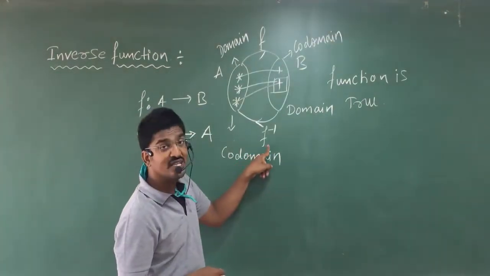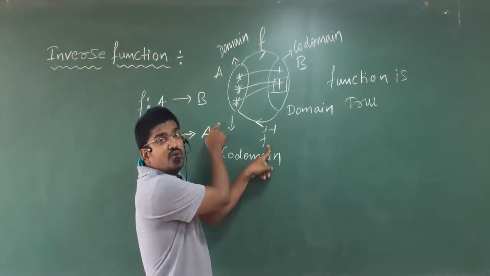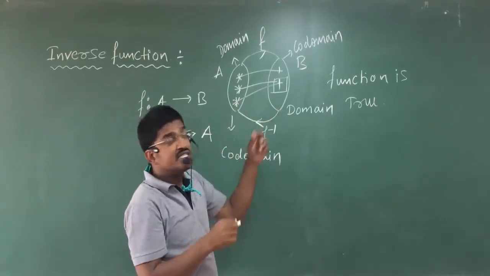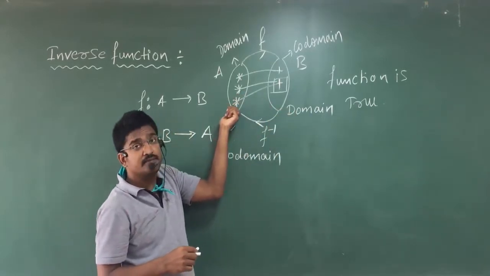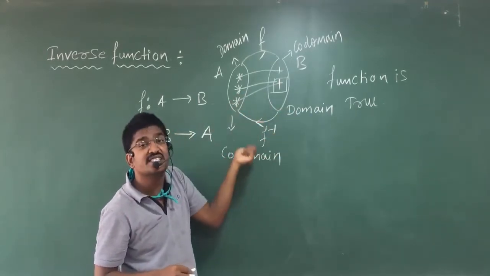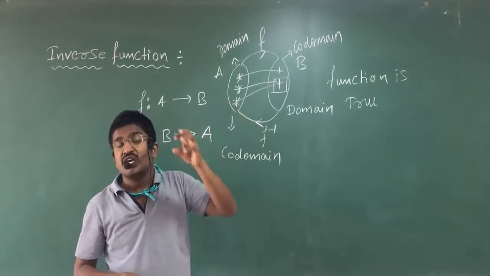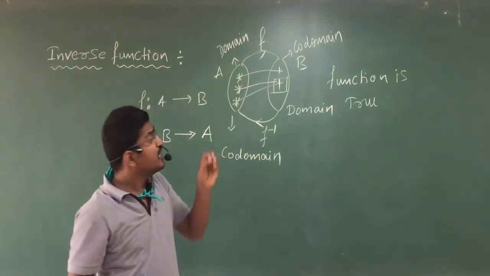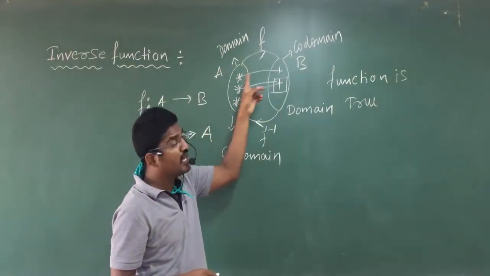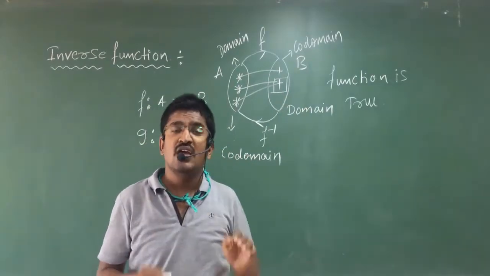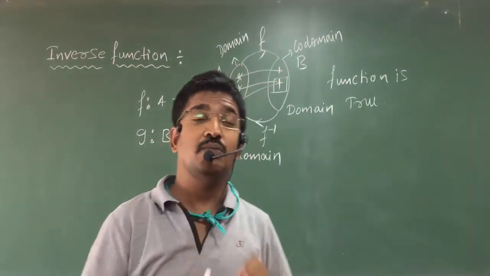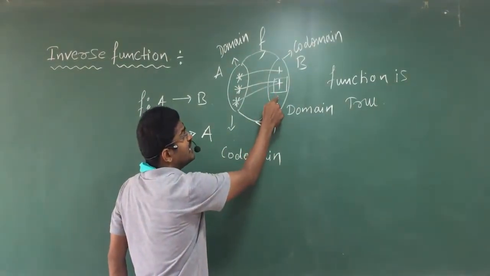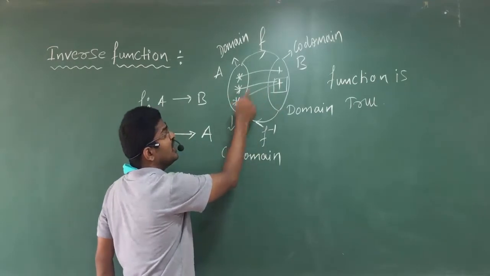Because the inverse function starts with B and ends with A, every element of B must have unique images in A. Then f inverse exists. As you all know, if the function has to be considered, it must have unique images from A to B. In the same way, if the inverse has to exist, while coming from the reverse path every element must have a unique image.